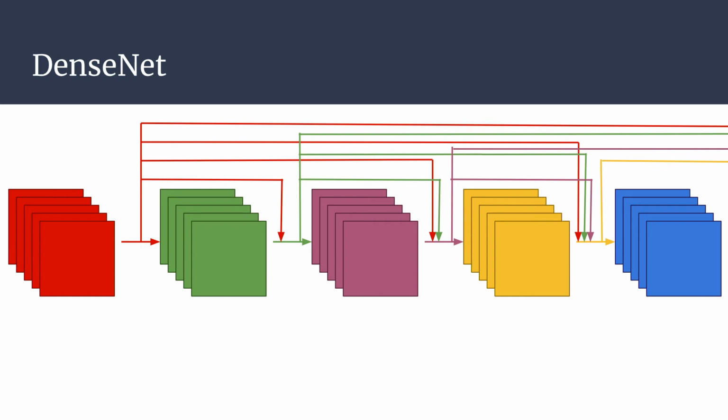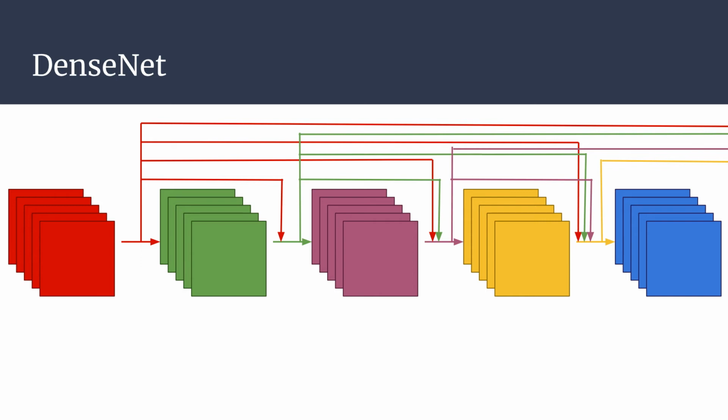The justification the authors gave was that even in a ResNet, you are still losing some information as you go through the architecture, because in a ResNet you add the original values to the transformed values, the ones that have already gone through the two convolutions. Whereas here, they concatenate all of the inputs, which means that literally all the information is preserved.